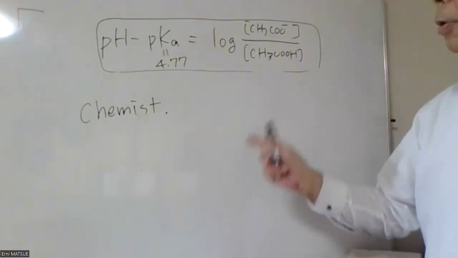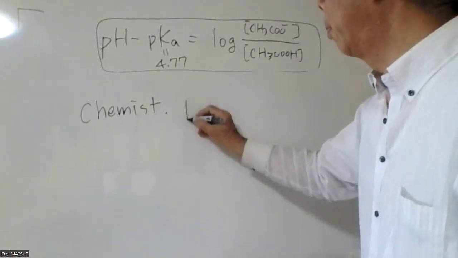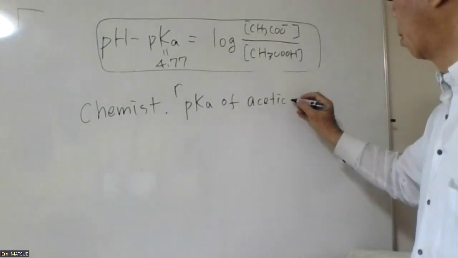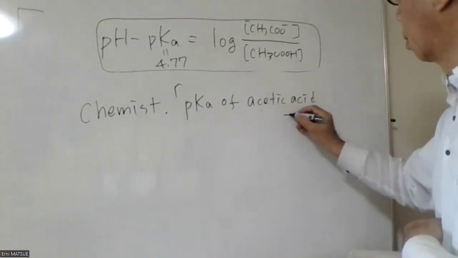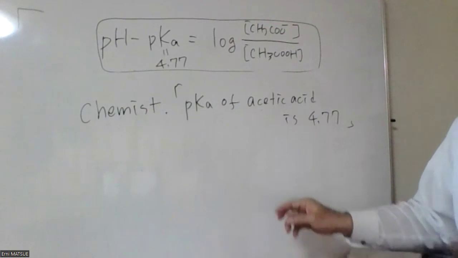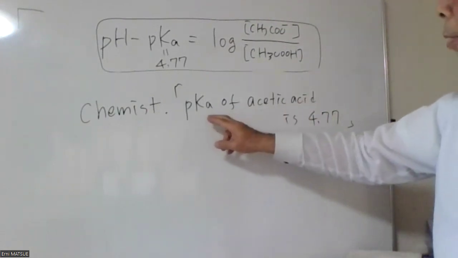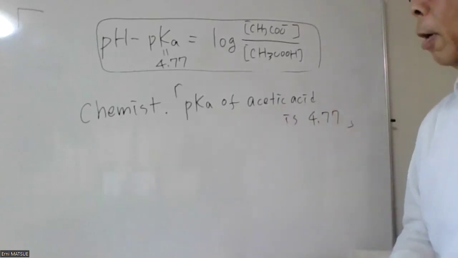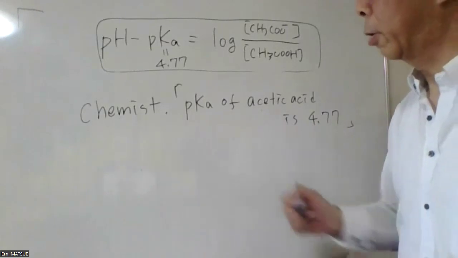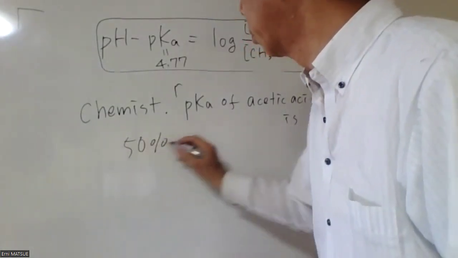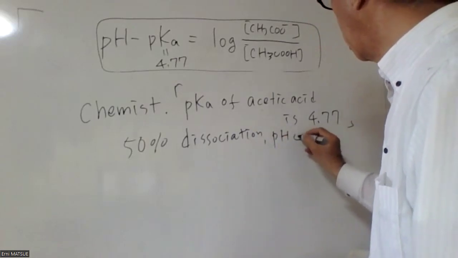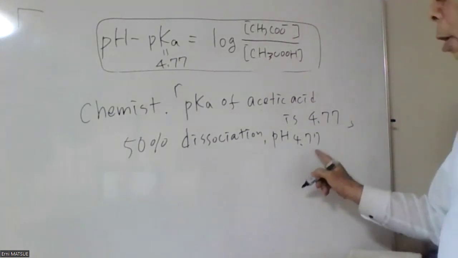Chemists often say that when they know the pKa of acetic acid is 4.77, it is very easy to understand that there is 50% dissociation at pH 4.77.